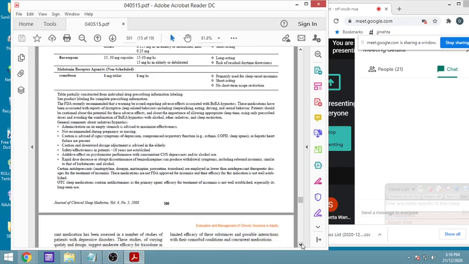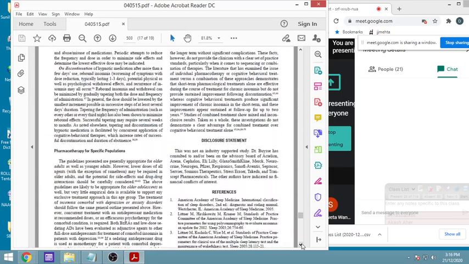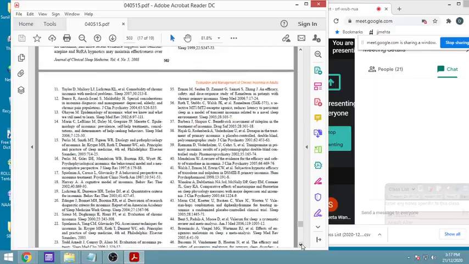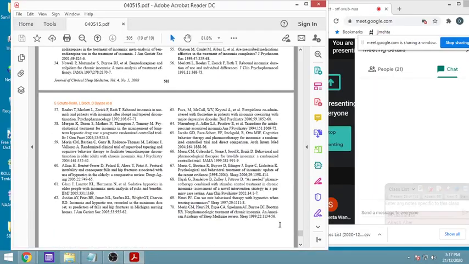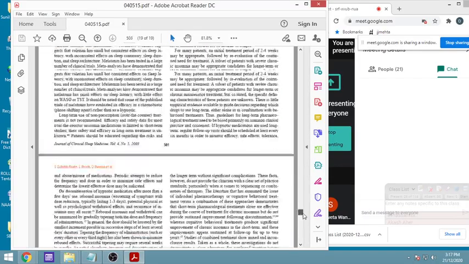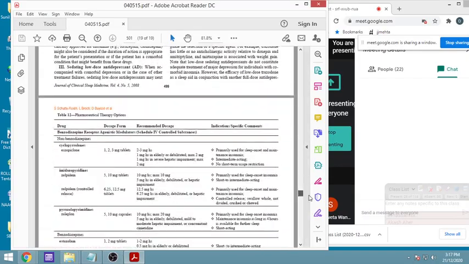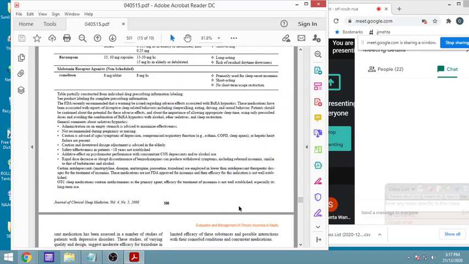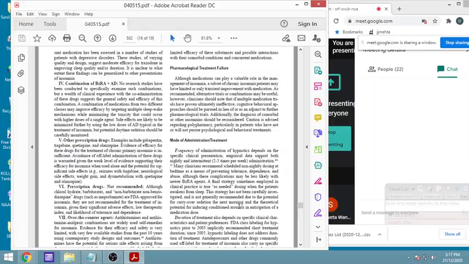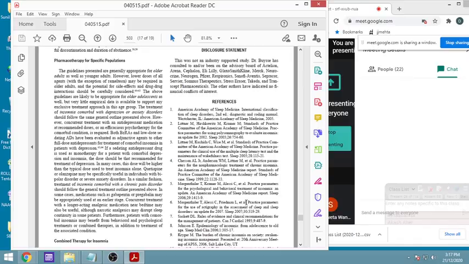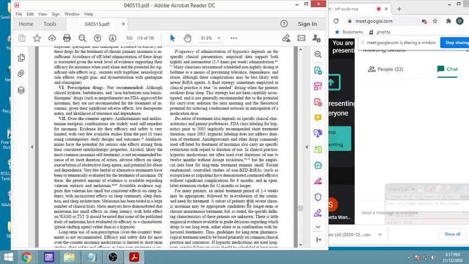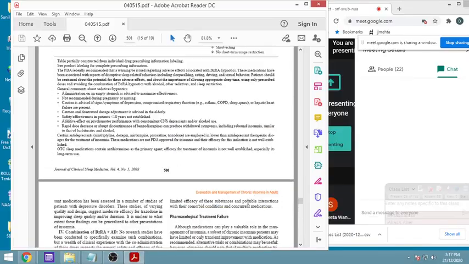We have seen tapering of doses in an earlier case. Slowly the doses have to be tapered, and accordingly the treatment will be given. A gradual reduction in the dose is what we call tapering of doses.